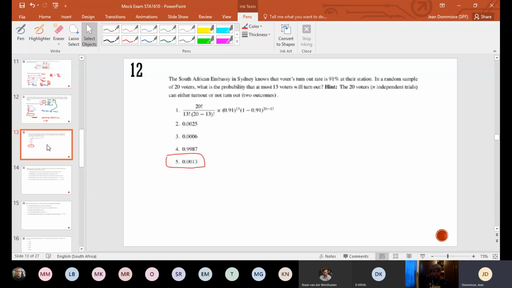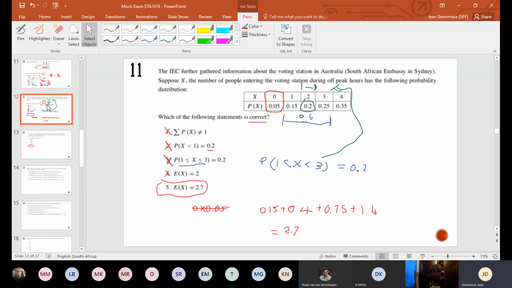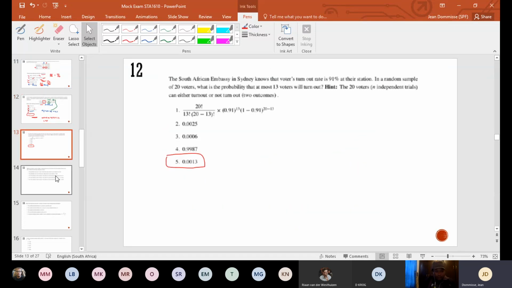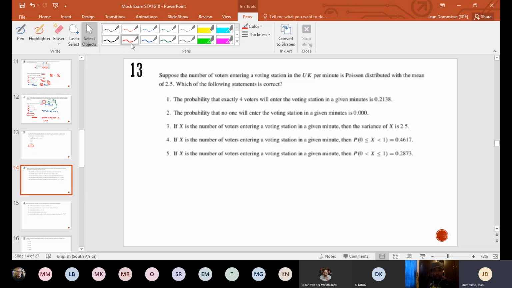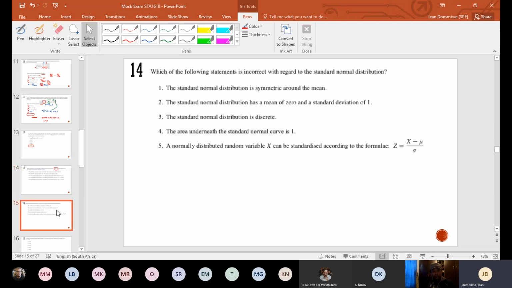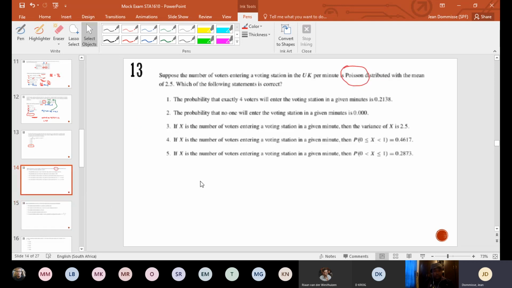So again, if you look at the probability, there's one question on the discrete distribution, one on the binomial, and one for the Poisson distribution. So you will get one of each. So let's look at what they give us in the Poisson distribution.